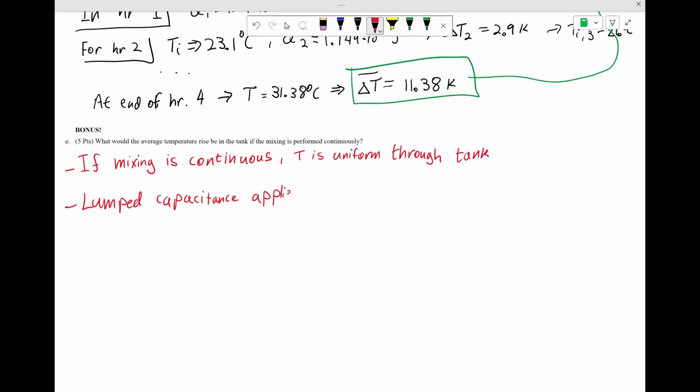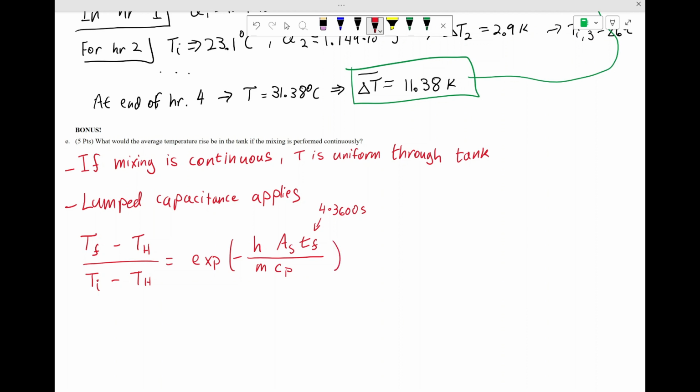And in that case, we can use our result from the lumped capacitance method, following the lumped capacitance formula: TF minus the hot source temperature over TI minus the hot source temperature should just follow the exponential of minus H times the surface area times the time, so that's 4 times 3,600 seconds, over MCP.